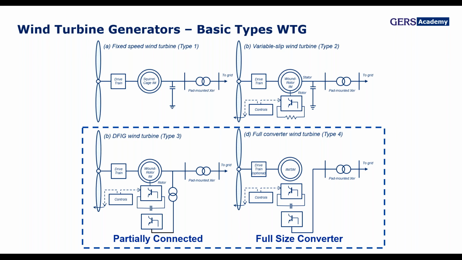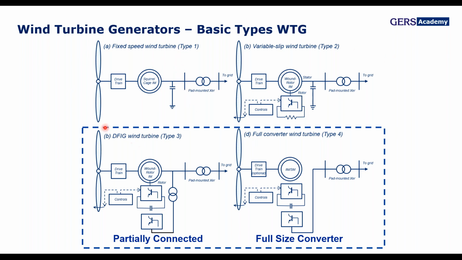After a couple of years, some Europeans developed another system that used one rotor induction generator with variable rotor resistance. You won't see any kind of inverter on these first two models.